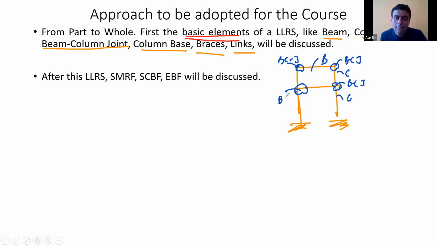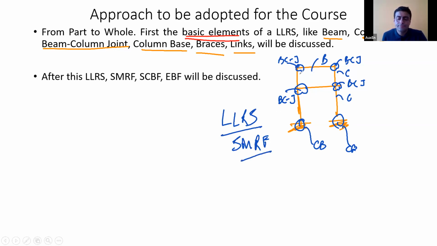When I integrate these elements together, what will I get? I will get my lateral load resisting system, which will be a moment resisting frame. Are you able to get it?